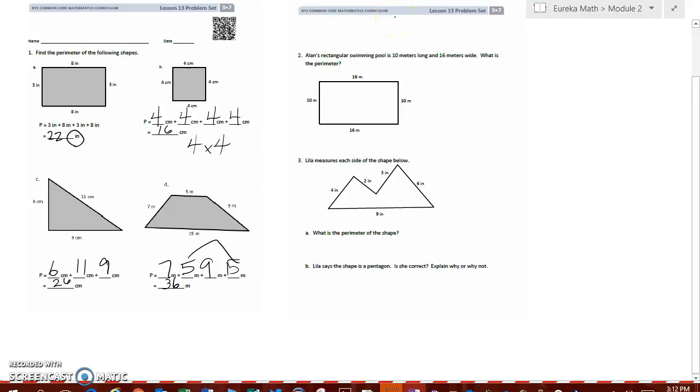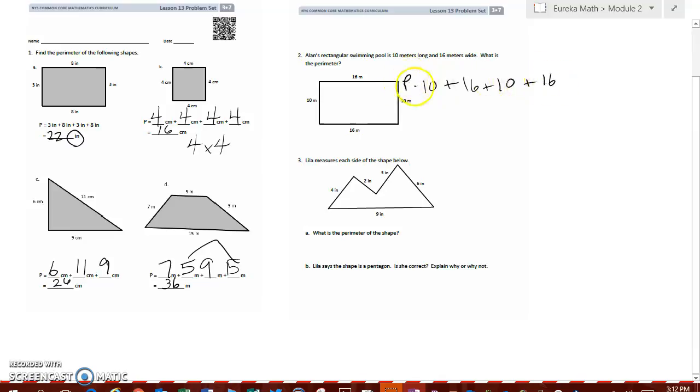Number 2 says, Alan's rectangular swimming pool is 10 meters long and 16 meters wide. What is the perimeter? So here you go. Here's 10 meters long, 16 meters wide. So they drew the picture for us. To find the answer to this problem, we're going to start adding them together. 10 plus 16 plus 10 plus 16.